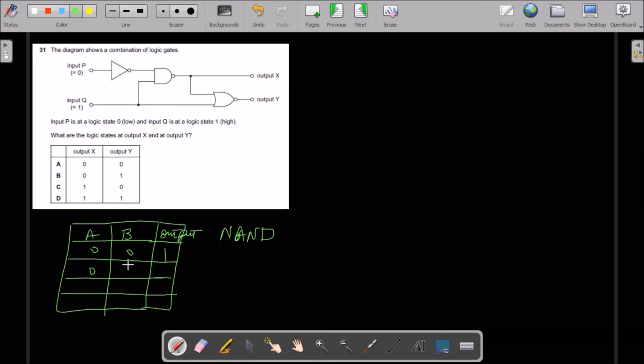If one of them is 0, one of them is 1, the output will be 1. And if both of them are 1, the answer will be 0. This is for NAND gate.